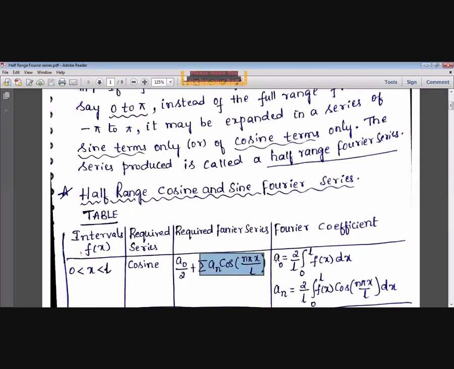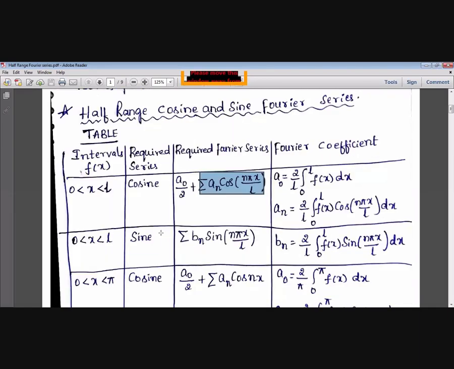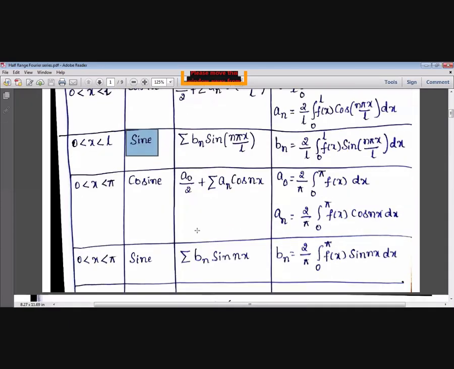If we want to express only cosine, we include just an cos n pi x by l, and we should not include bn sin n pi x by l. If we want only sine, then summation bn sin n pi x by l, and no cos terms will come.